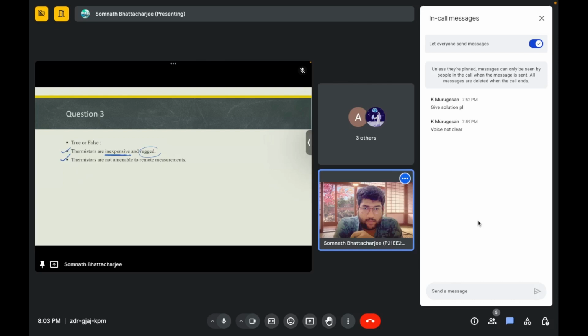What do you think? Or maybe we can move to this. What do you think about this as well? Can we use thermistors for remote measurements?